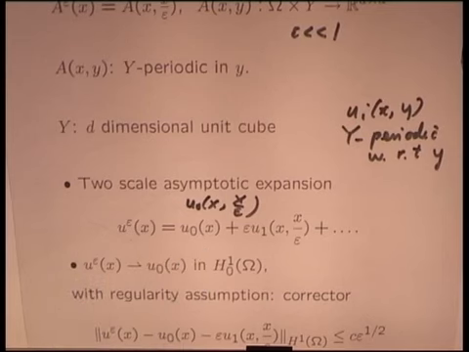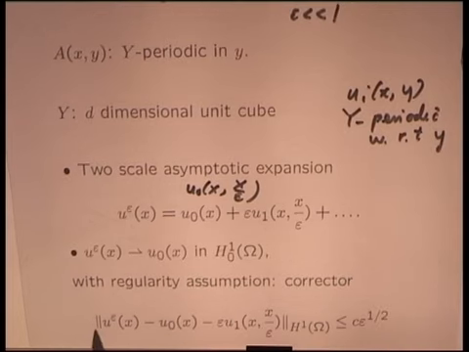And it is also very well known that we can show that u epsilon goes to u0 as epsilon goes to 0 in the weak sense, in H1_0. And if we have some regularity, we can also show a rate of convergence in H1. So it is C times epsilon to the 1/2.